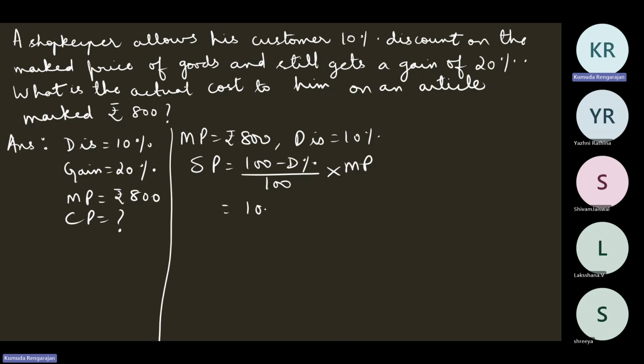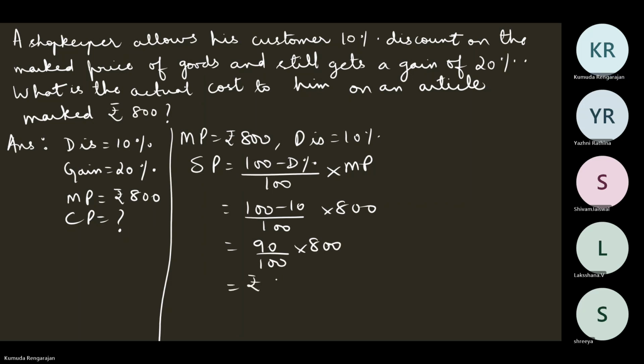That is 100 minus 10 by 100 into 800. 100 minus 10 is 90, 90 by 100 into 800. So you get rupees 720. The selling price is 720 rupees.